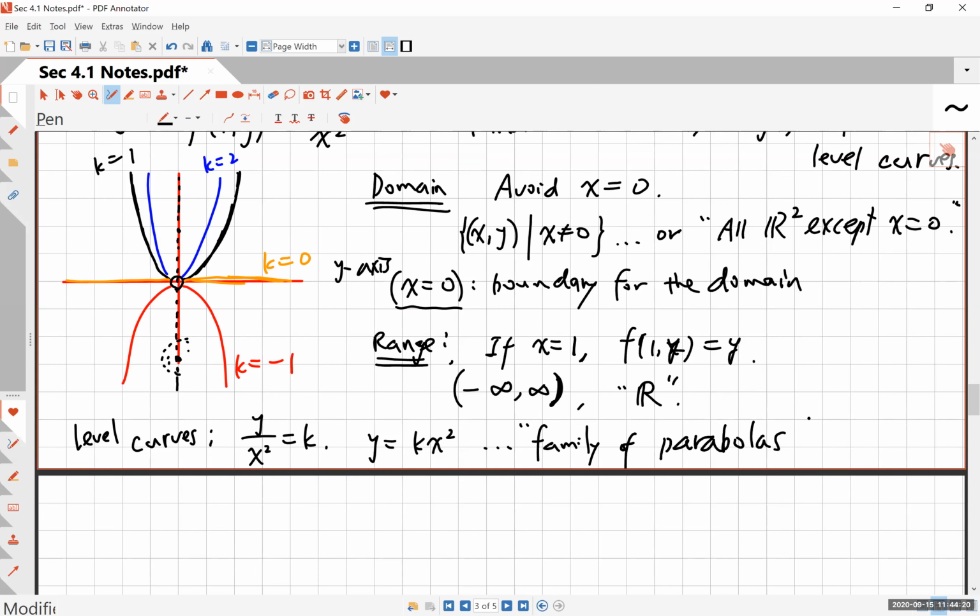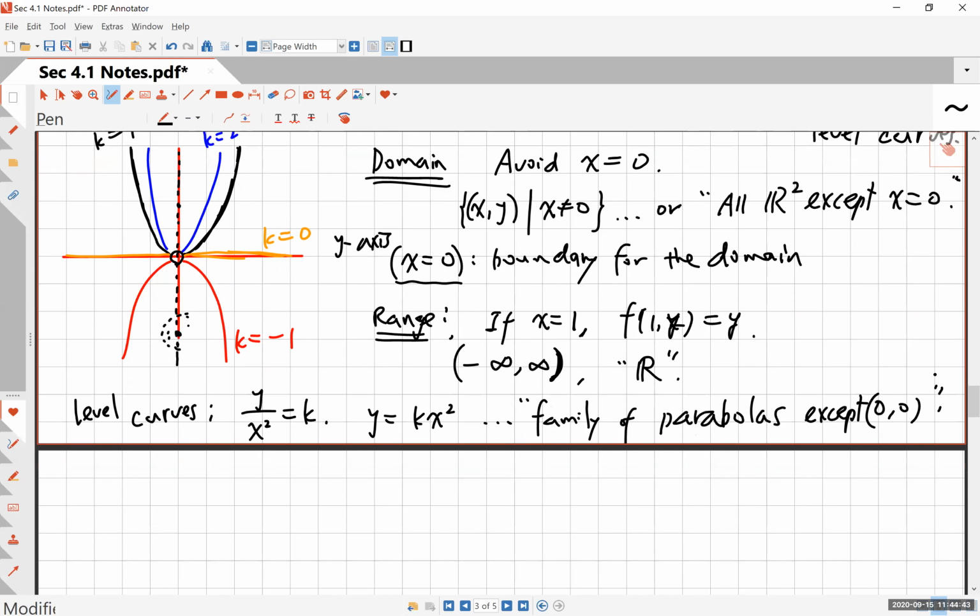And it's okay to say a family of parabolas, even though one of them is a line minus a point, because that's a degenerate case. It's a family of parabolas, except 0, 0. You want to make sure that these parabolas do not include the origin. You can say a family of parabolas with holes, a hole if you like.